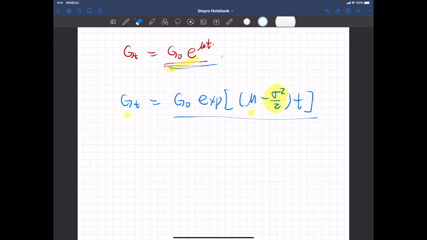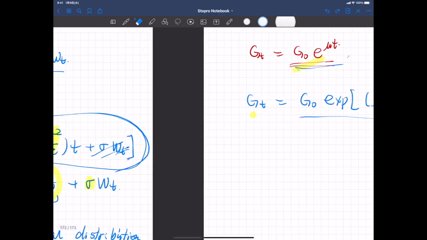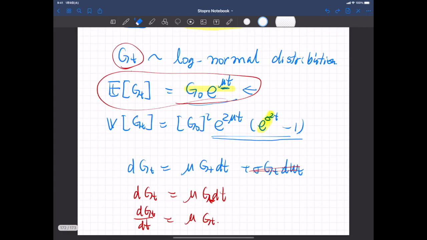So this means if the variance of the Wiener process is large, then the average growth is the same, but the variance is different. So as a result, the median will change.